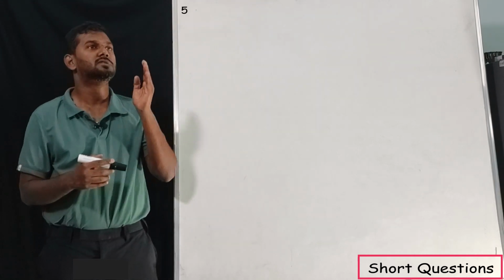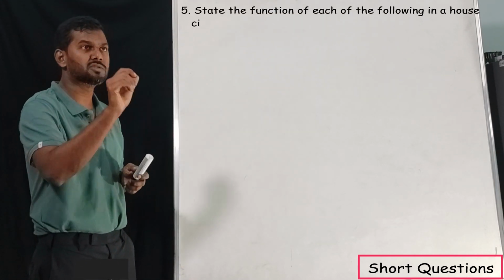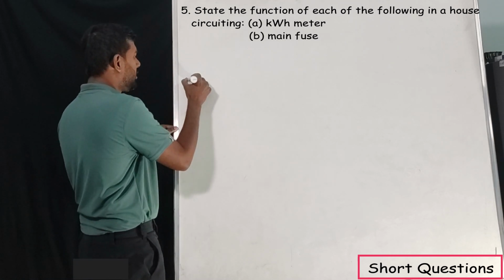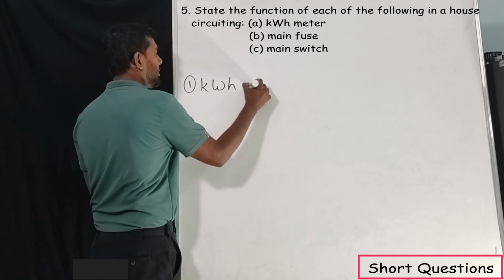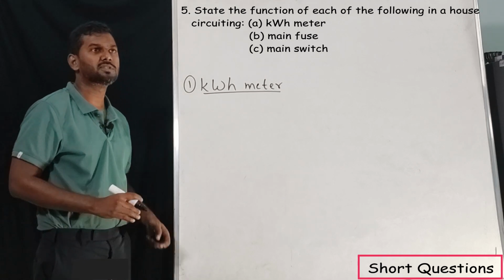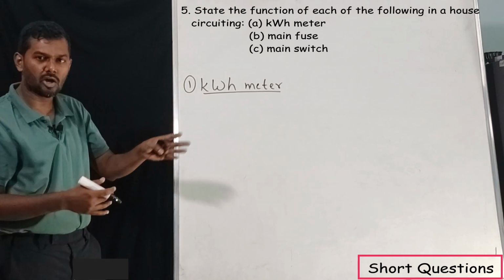Our next question, state the function of each of the following in housing circuit. First one, kWh meter. We have two more sub questions. First we'll go for kWh meter. Listen, first if you know the connection diagram, then it is easy to understand all these things.